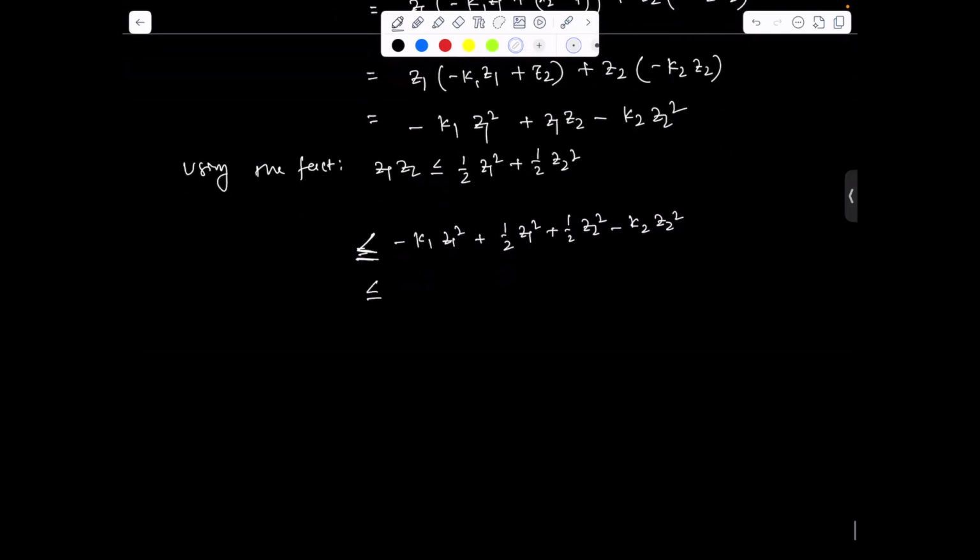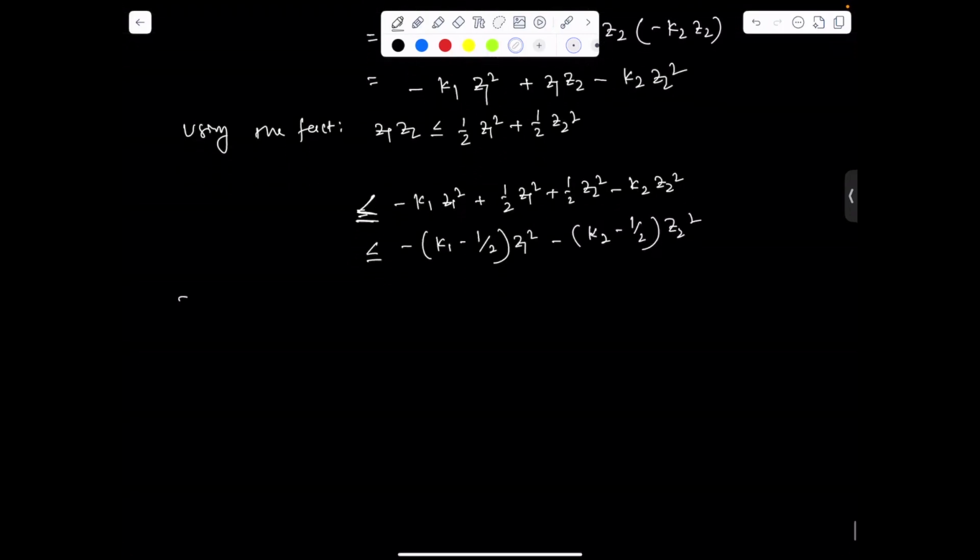From this, we can write minus (K1 minus half) Z1 square minus (K2 minus half) Z2 square.